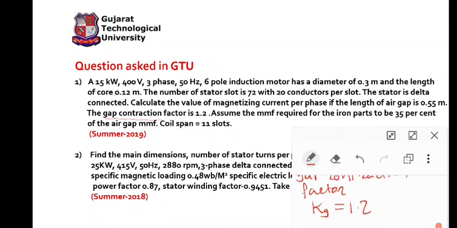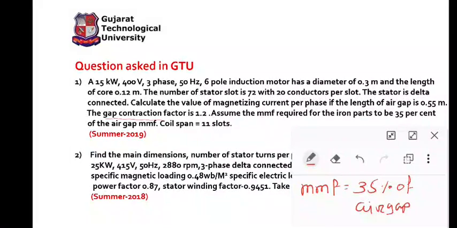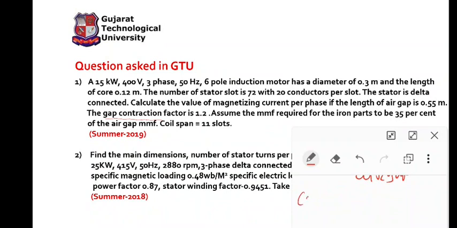And what else is given: assume the mmf required for the iron parts to be 35% of the air gap mmf, and the coil span is given as 11 slots.